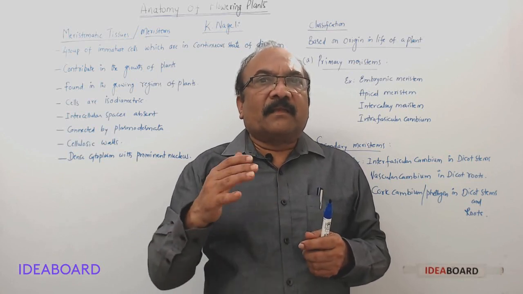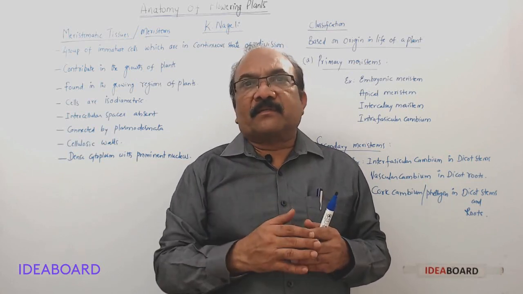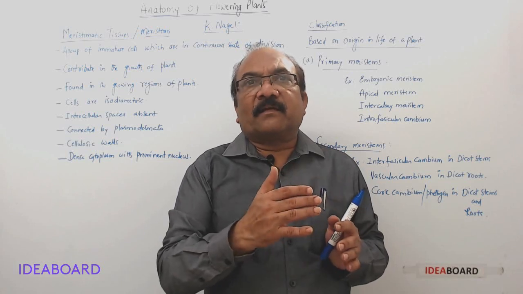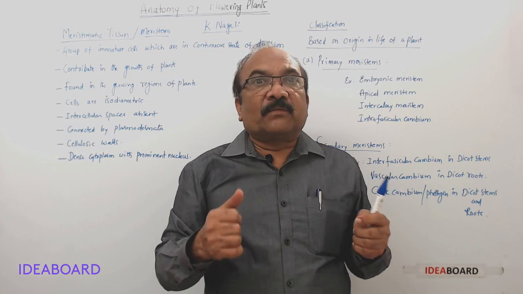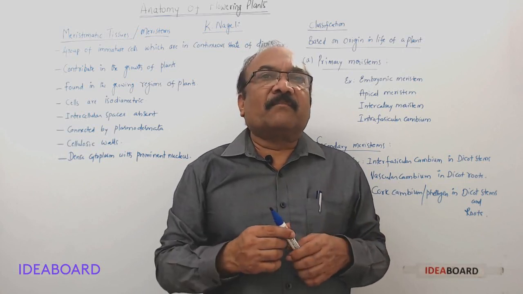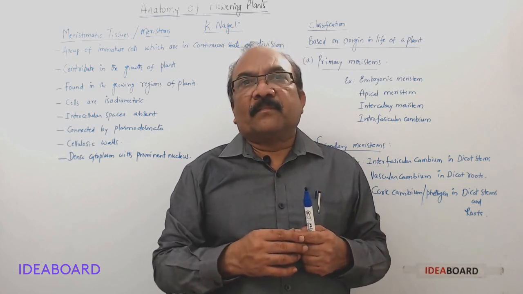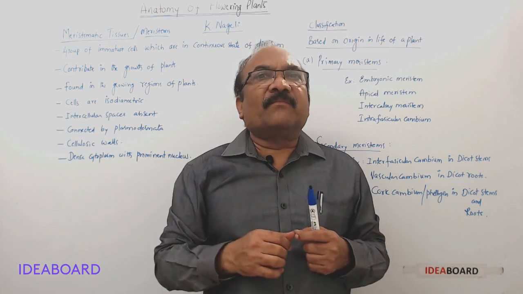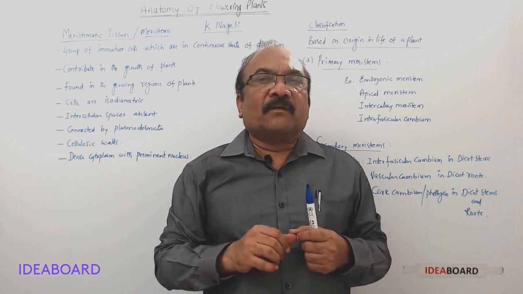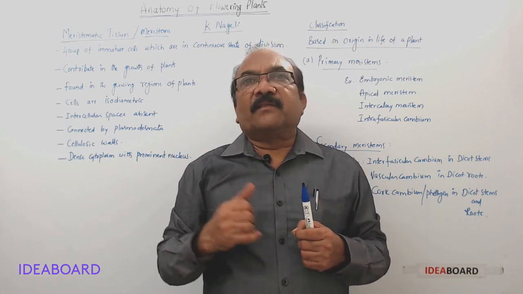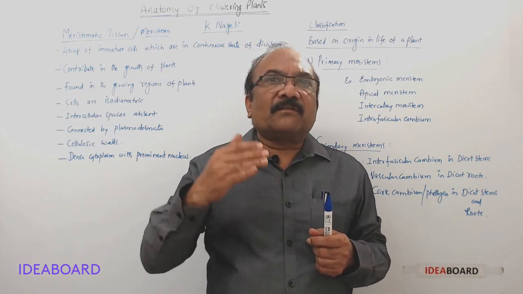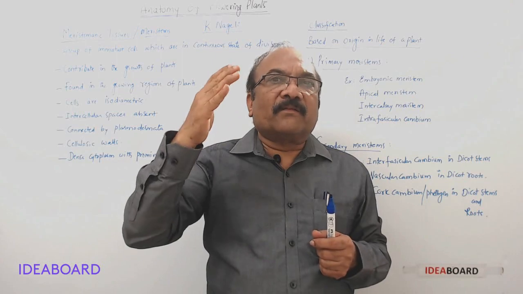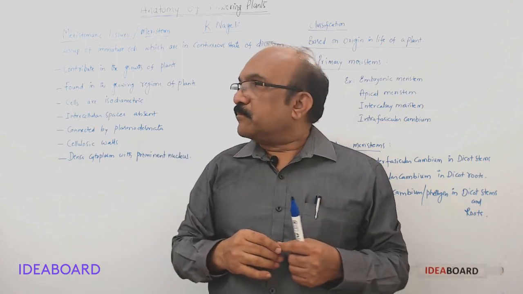But the animal's growth will stop after attaining a certain age. What might be the reason behind it? The reason is the presence of meristematic tissues. Due to the presence of these meristematic tissues, the plants always grow throughout their life till they die.